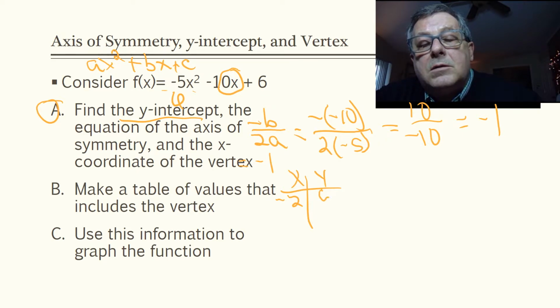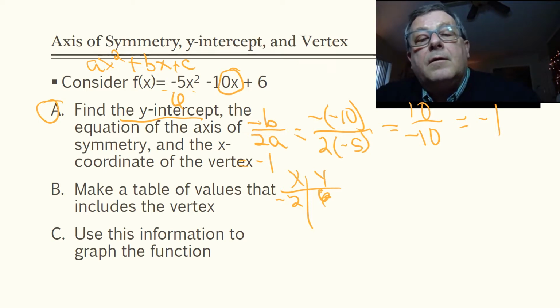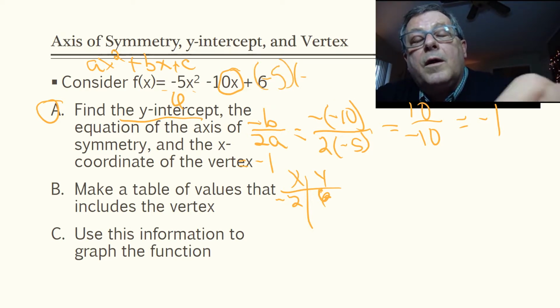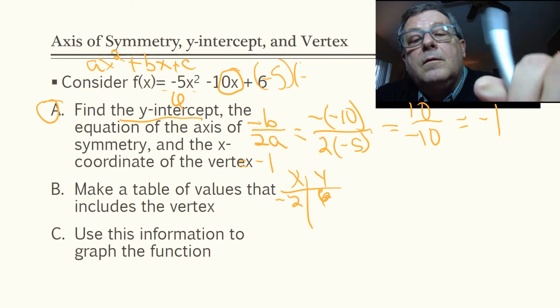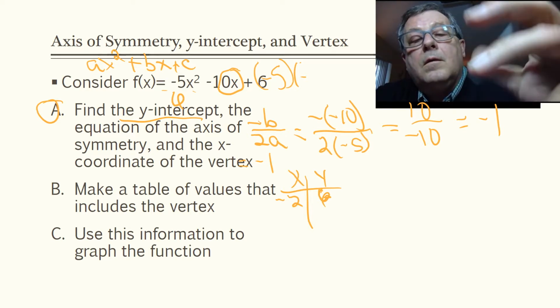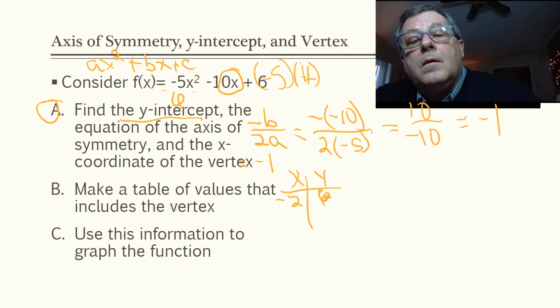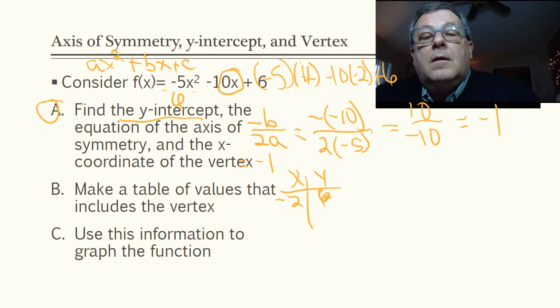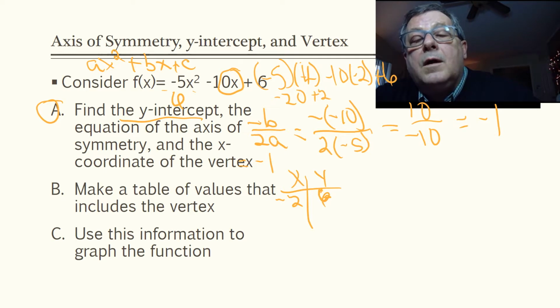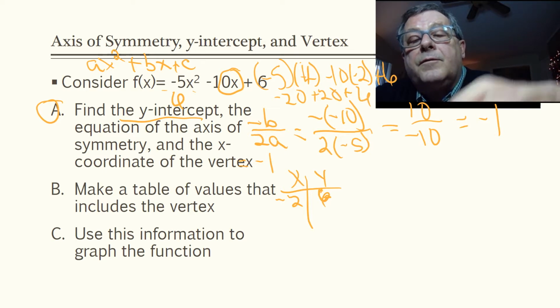Is that right? 6. Let me plug that back in here to make sure that's right. Negative 5 times negative 2 squared, which is 4, minus 10 times negative 2 plus 6. Okay, negative 20 plus 20 plus 6. Yep, it's going to be 6.